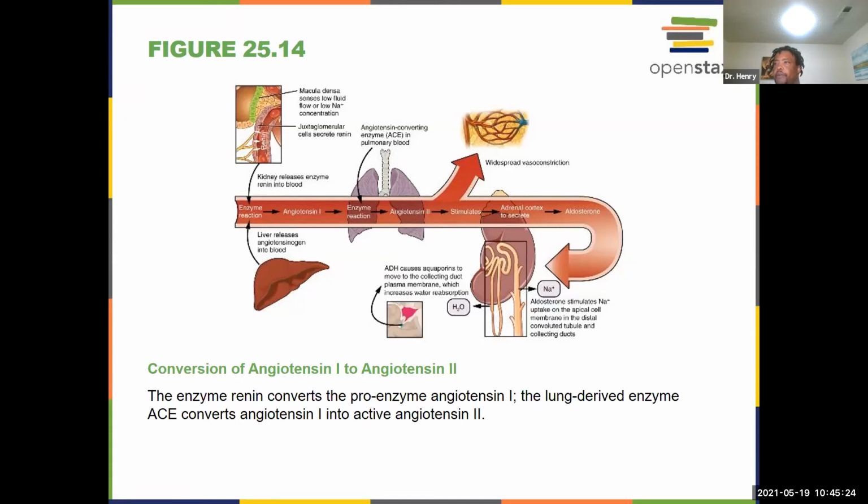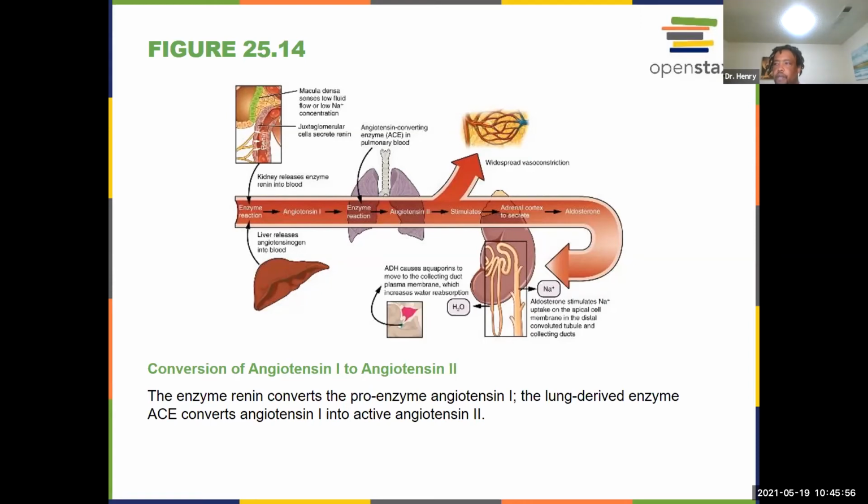So then what happens is that the angiotensin 2 is actually going to stimulate the release of steroid hormones, aldosterone. Or I should say, it's going to stimulate the adrenal cortex to release aldosterone.